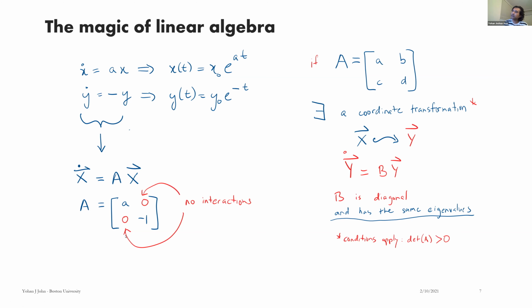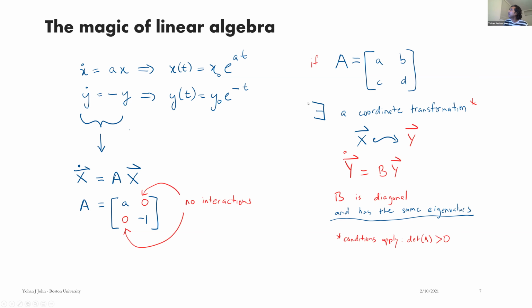When the off-diagonal terms are 0, that means that there's no interaction. So you can call those off-diagonal terms the interaction terms, if you like, in analogy with, for instance, how statistical analysis will often interpret matrices.